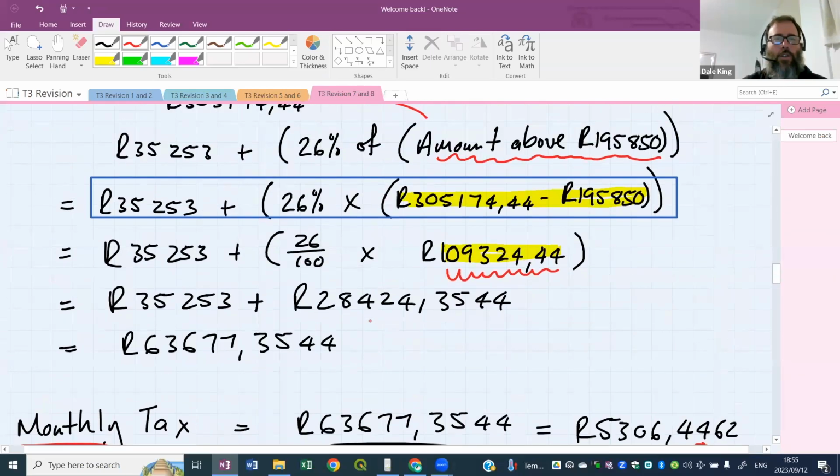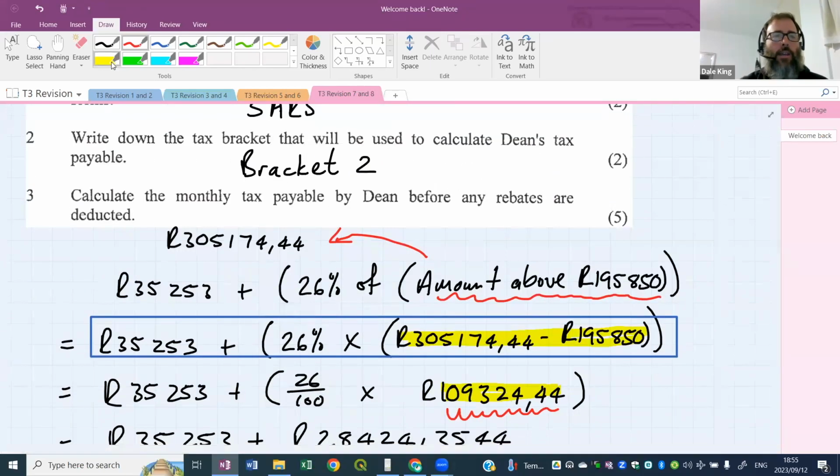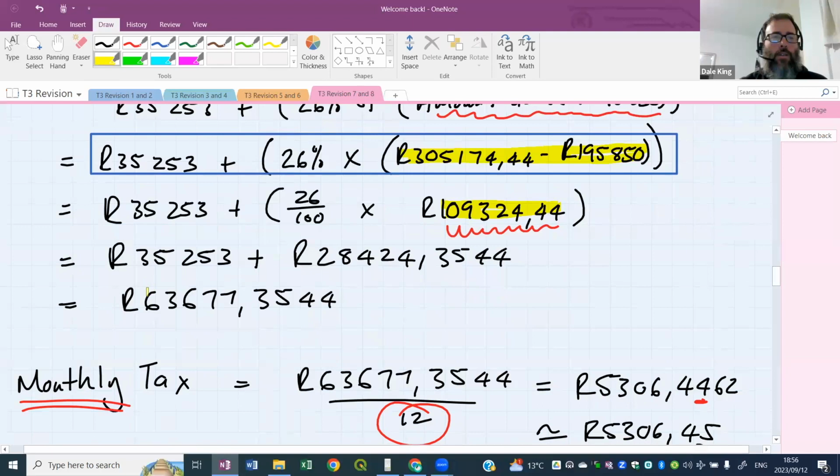So a good question that does confuse people. The question said, calculate the monthly tax. So then in question 3, it says the monthly tax payable. And the tax tables we were working off are annual tax tables. How much you're going to pay for a year's worth of income. So when we do the calculation off the annual tax table, we come down to an annual tax that is payable, which is this value here.